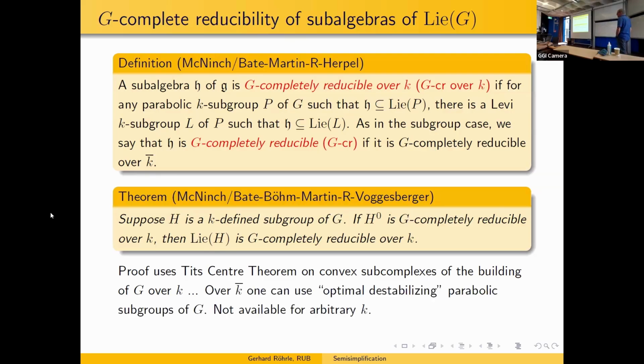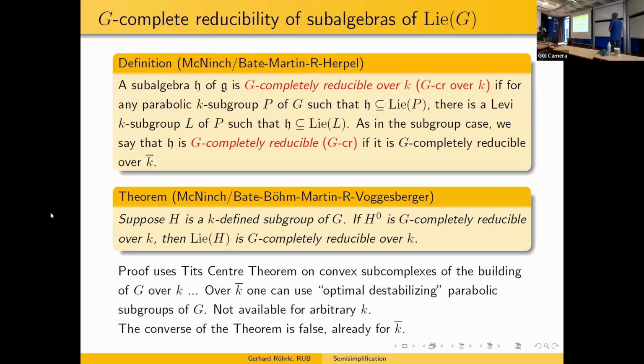Over K bar, you can use an optimal destabilizing cocharacter, but that doesn't exist for arbitrary K. It's not working. So sometimes, as I think Mike indicated, there are building-theoretic arguments that are very elegant, very smooth, and you can use them, and there's no counterpart in the group theory.